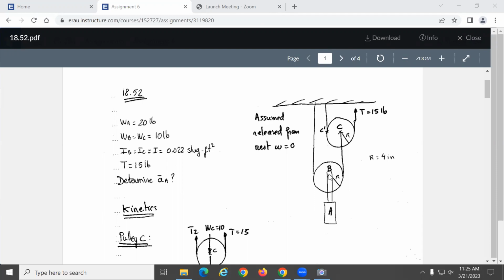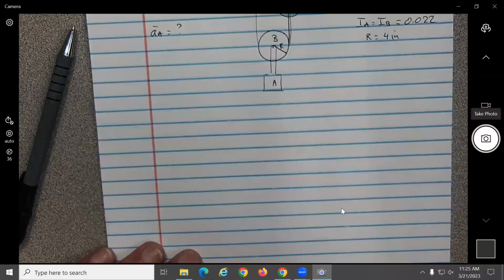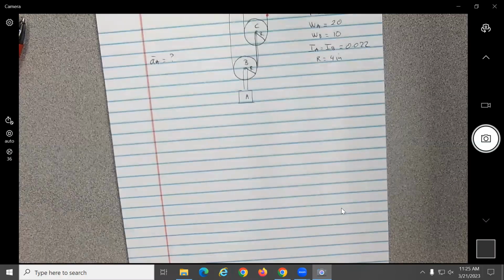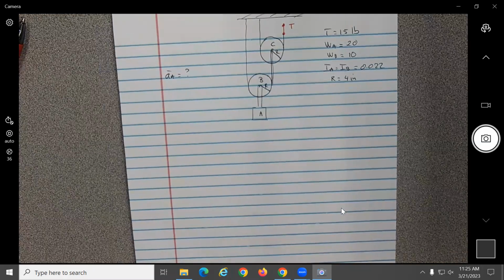All right, so I'll show you what I have. Okay, so that's the figure that I have over here. And if you want, we can even try to solve it with math.